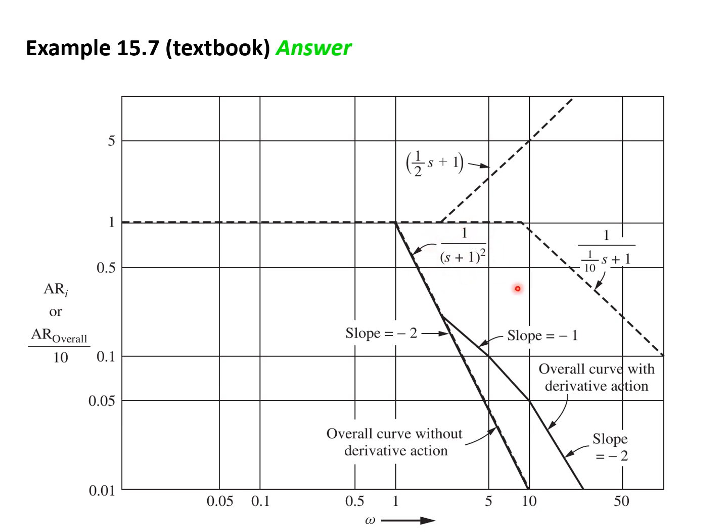If you have just 1 over S plus 1, it crosses at tau is 1, so the corner frequency is 1, and it has a gradient of -1. Add on another 1 over S plus 1, another -1, so -1 and -1 we get -2. So this is the plot for 1 over (S+1) squared, gradient of -2, corner frequency here.